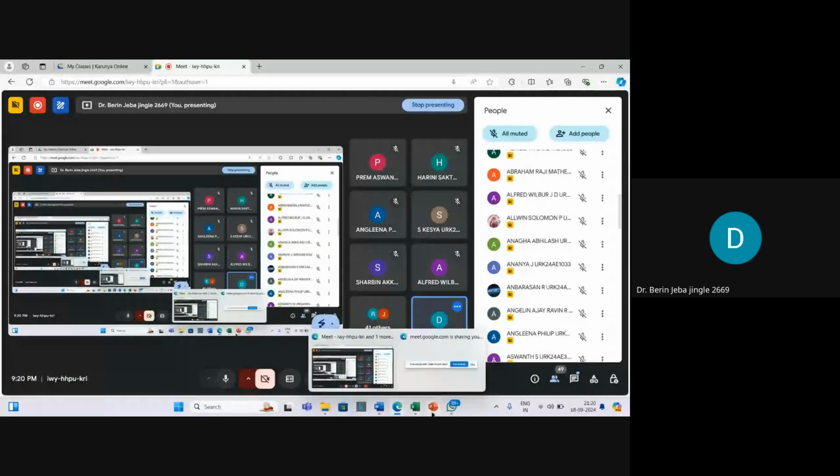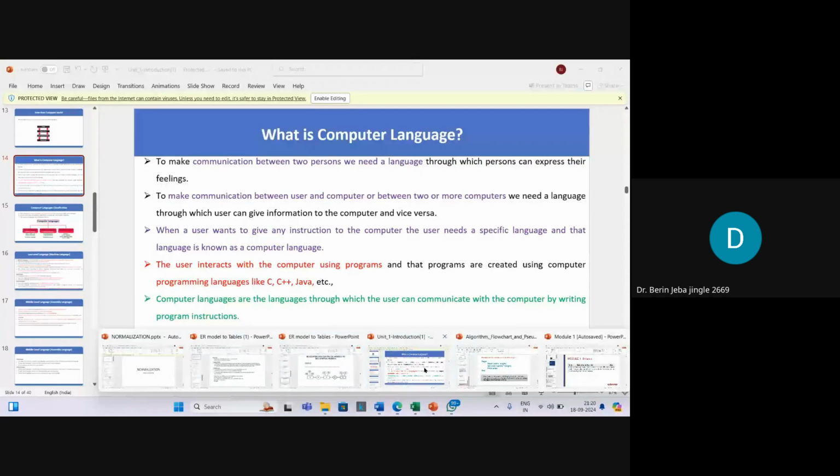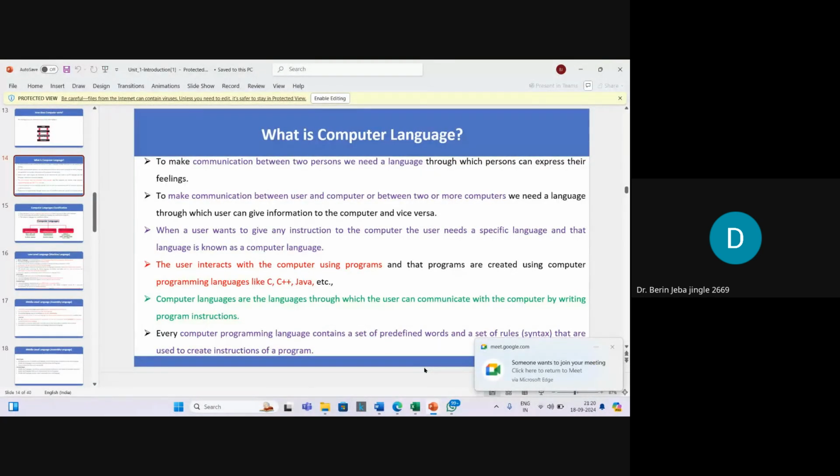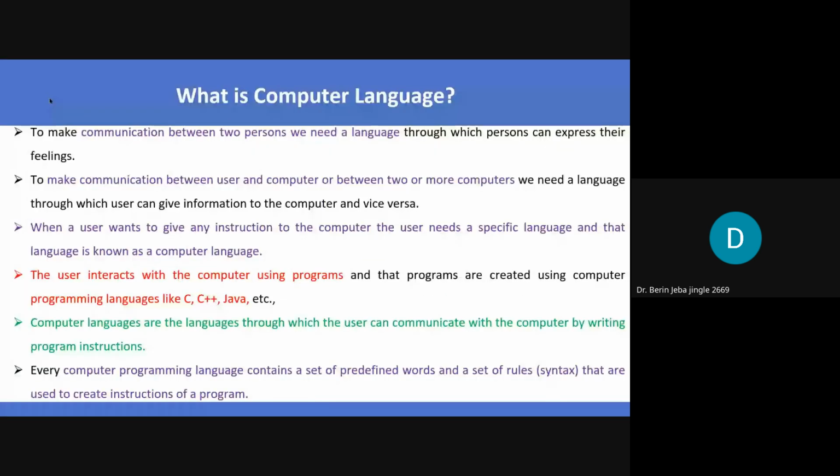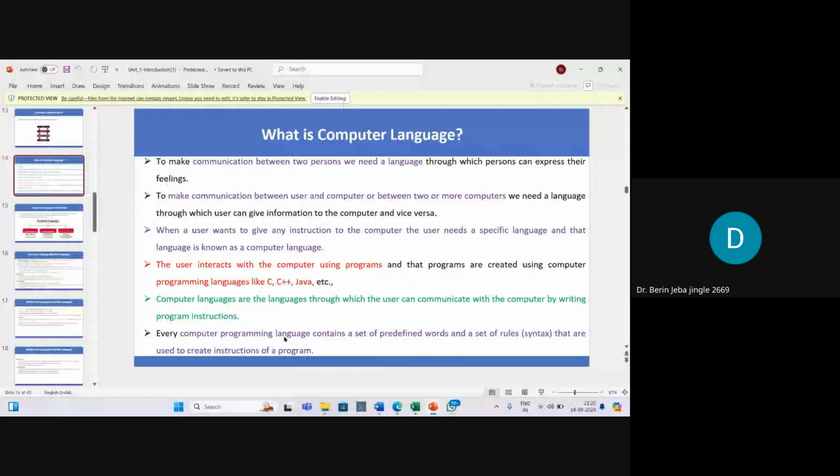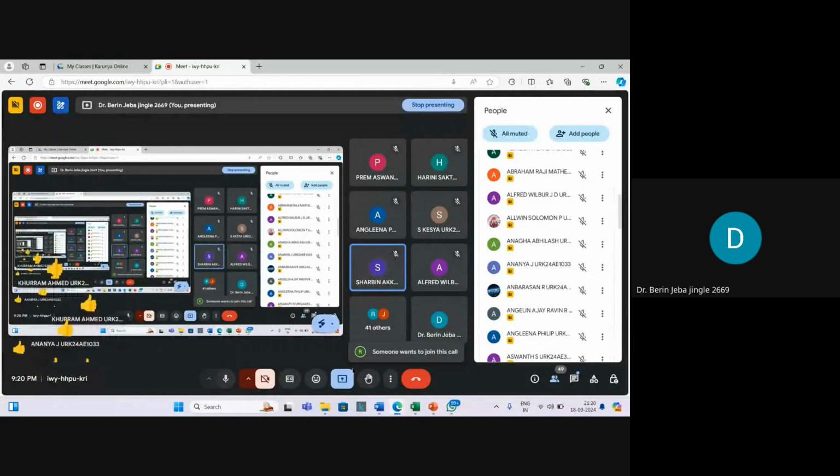Okay, somebody is joining now. Okay, to see what is computer language. Can you all see my slide? Can you all see my presentation, dear students? Yes, ma'am. Okay.